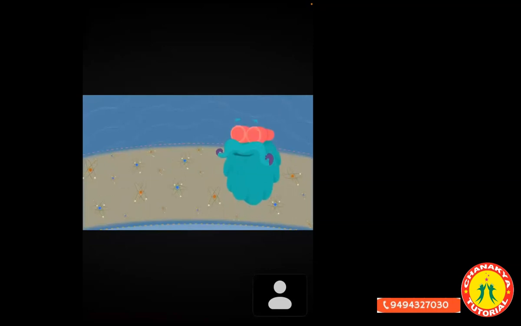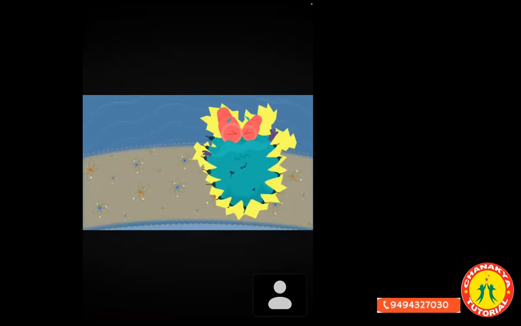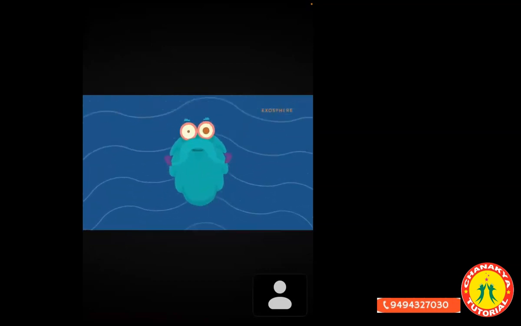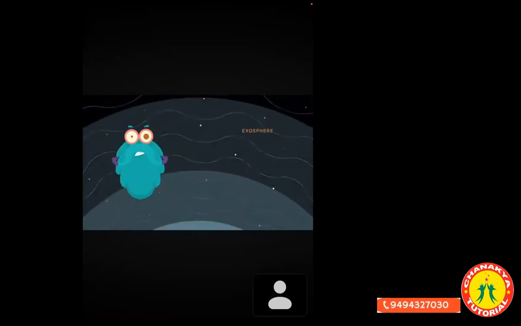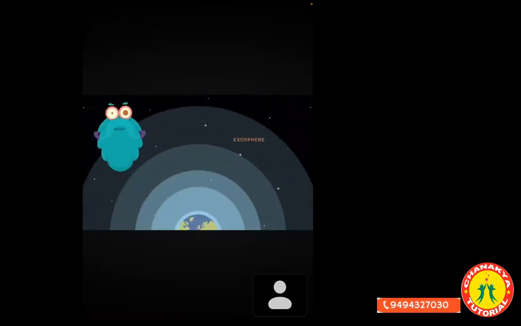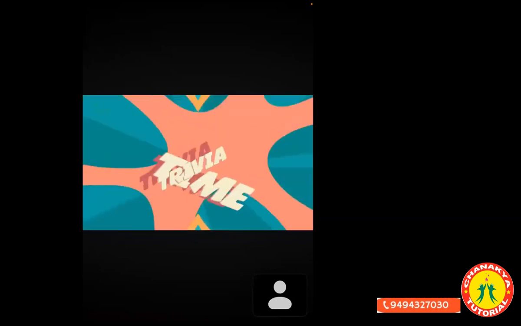Many atoms are ionized in this layer, and you will also find electrical charge here. This is the last layer, and the air is quite thin here. Yes, it is the exosphere. It goes all the way up to 6,200 miles from the Earth's surface.